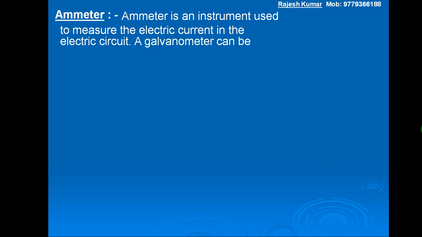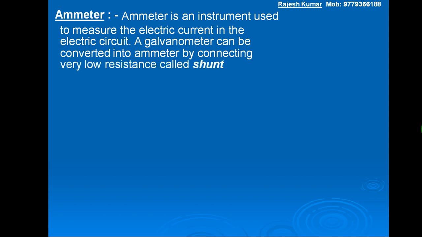A galvanometer can be converted into ammeter by connecting a very low resistance called shunt resistance parallel to it, that is parallel to galvanometer.